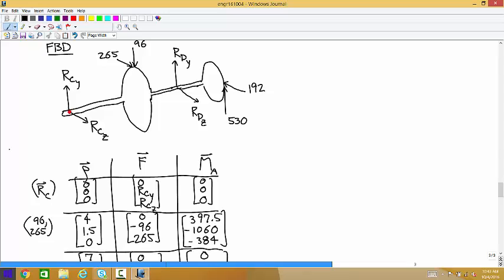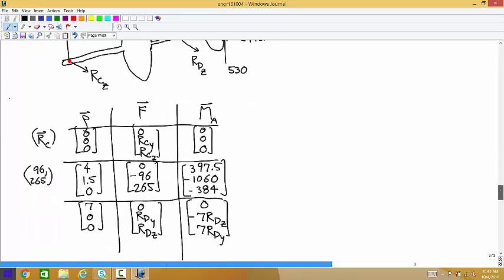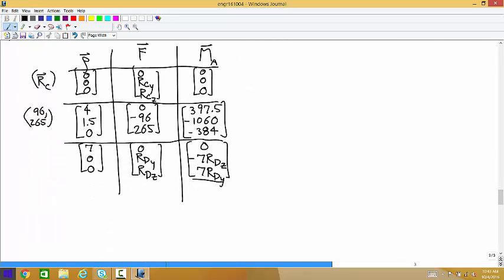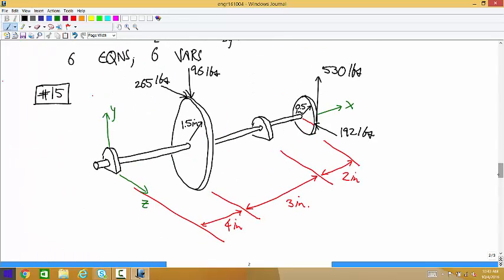And then the last one is the 192 and 530. This one was RD. So the x position is 9 in the positive x.